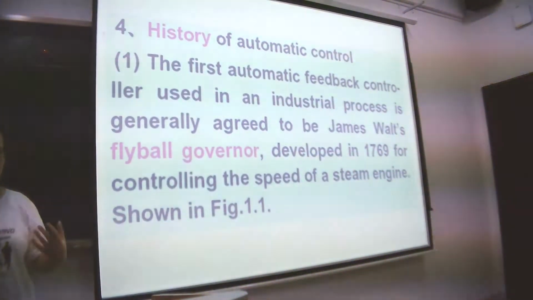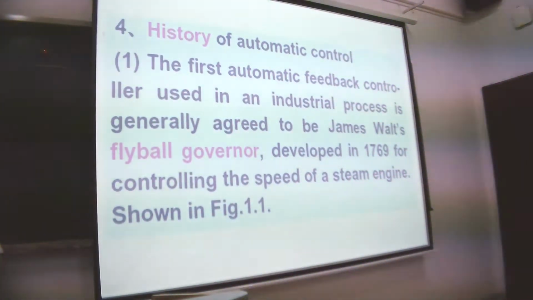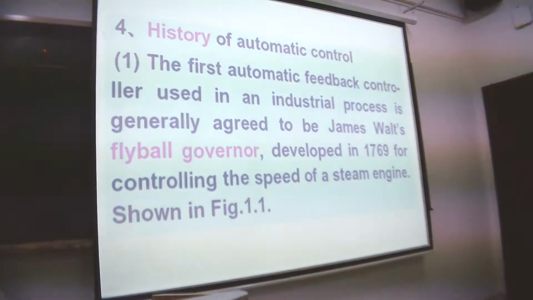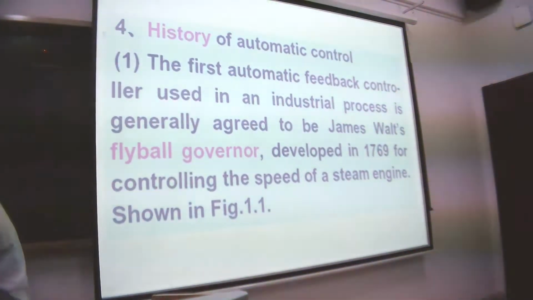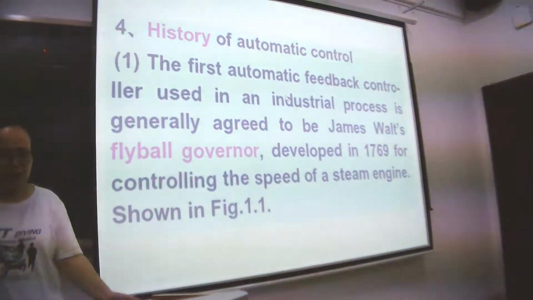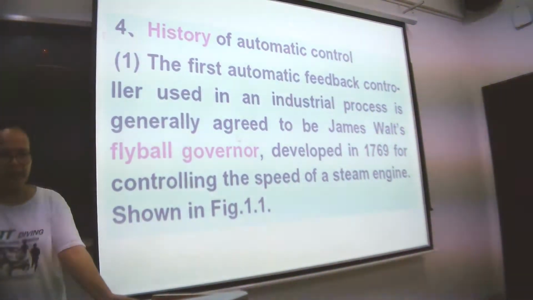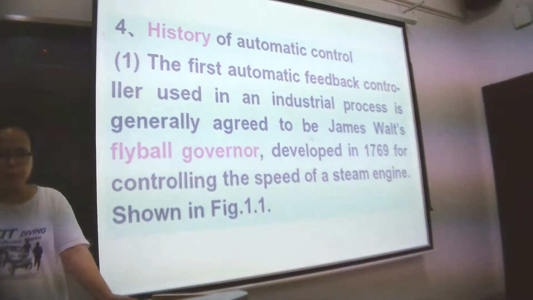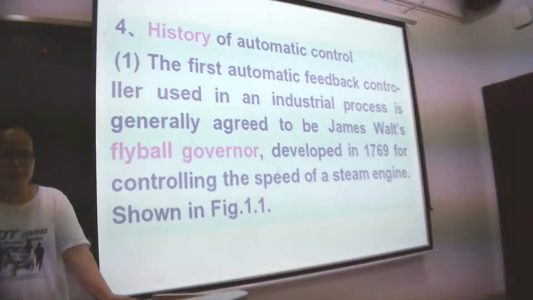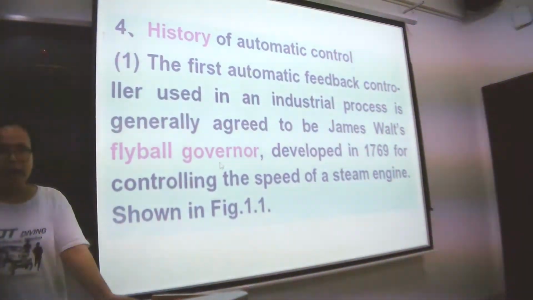Now, we shall introduce the history of automatic control. The first automatic feedback control used in an industrial process is generally agreed to be James Watt's flyball governor.